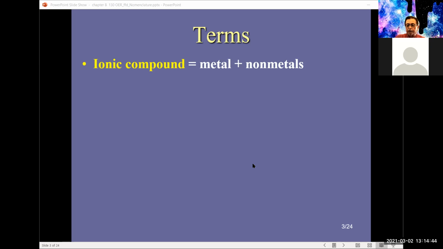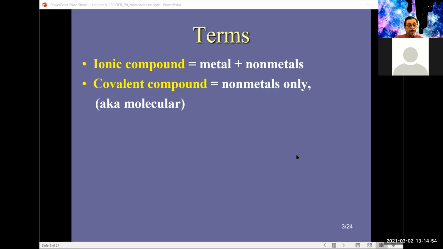Okay, refresh your memory with respect to ionic compounds. Ionic compounds is a combination of a metal and a nonmetal. Covalent compounds are nonmetals only. This issue here sometimes gets confusing, but it's important that you distinguish the two.